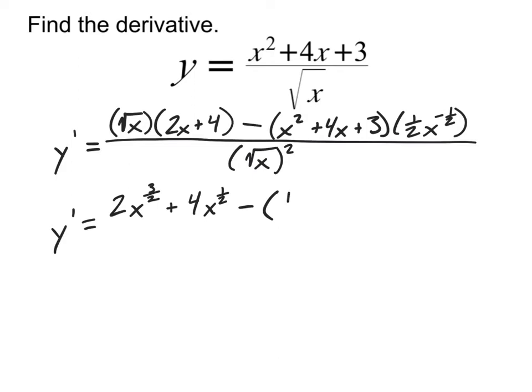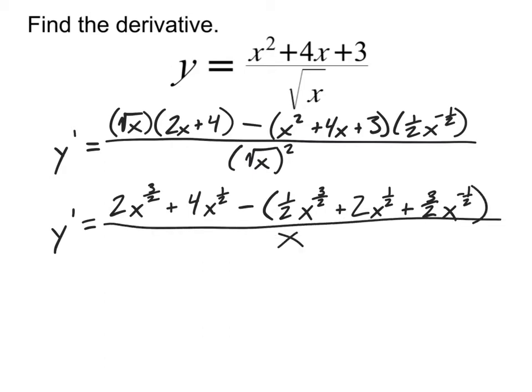All right, so it's going to be 1/2 x to the 3/2 plus 4x to the 1/2. Oops, I forgot something with that 4, didn't I? Very easy to make that mistake, because I got to multiply the 4 also by this 1/2 right here. And so then I got to do the same thing with the 3. So 3 times 1/2 gives me 3/2, and then the x to the negative 1/2. And this is all over just x.